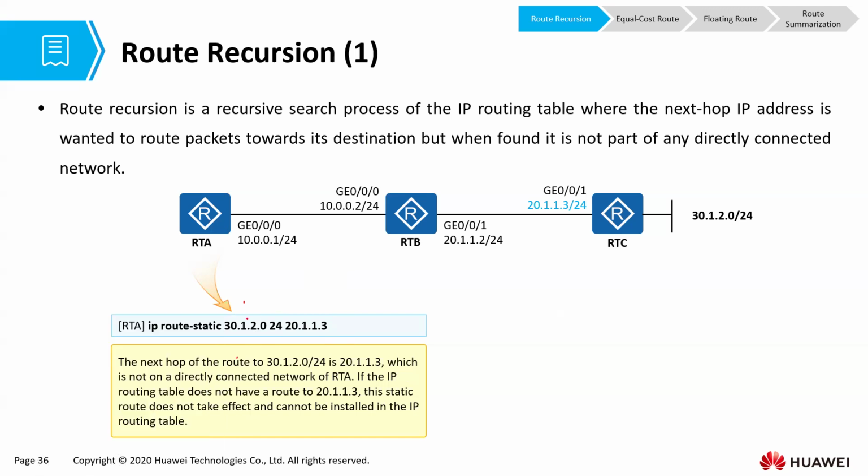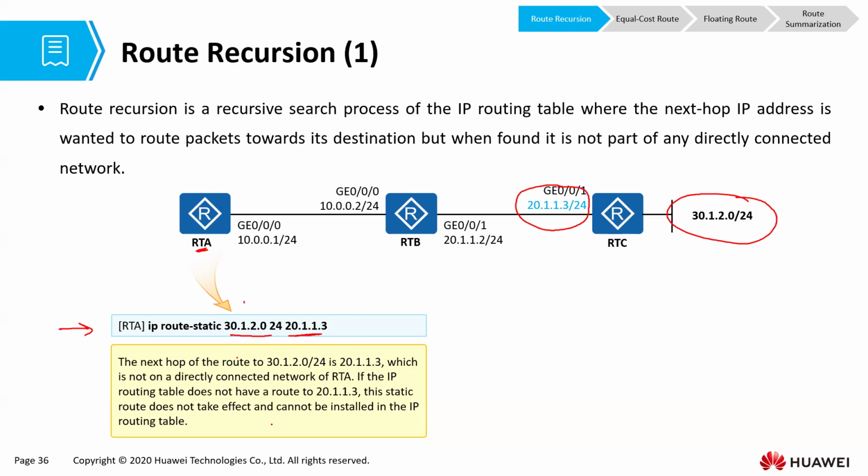So you can see from RTA a manually configured static route, with its destination here and its next hop here.